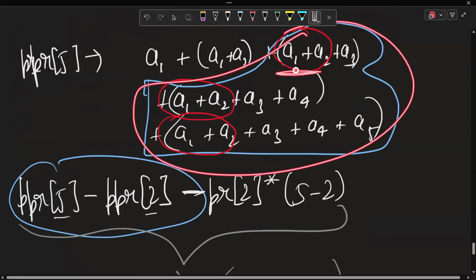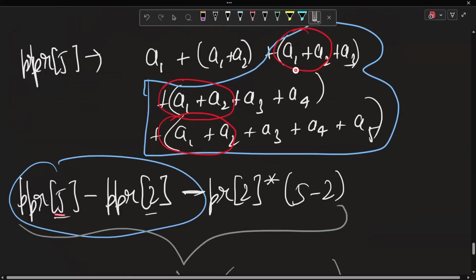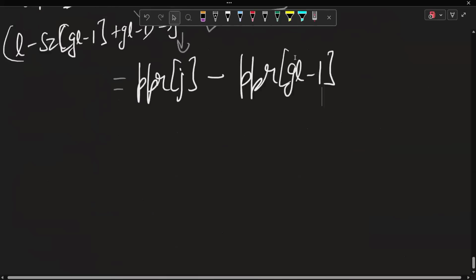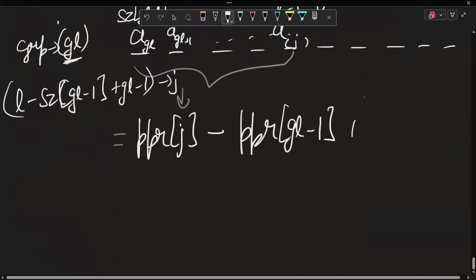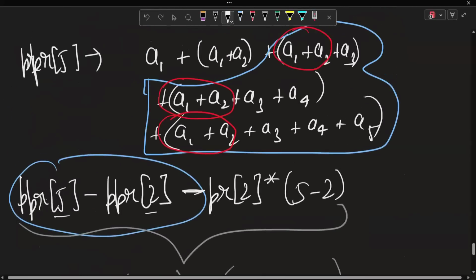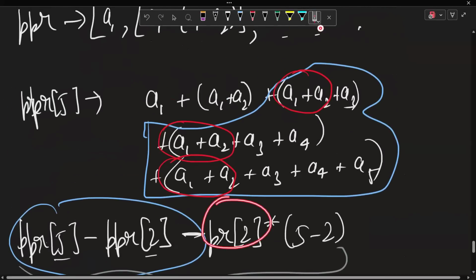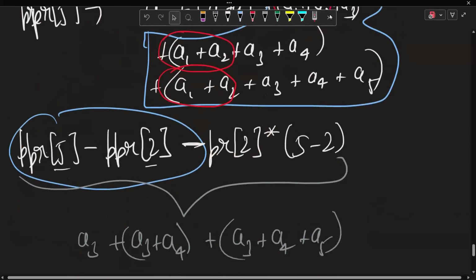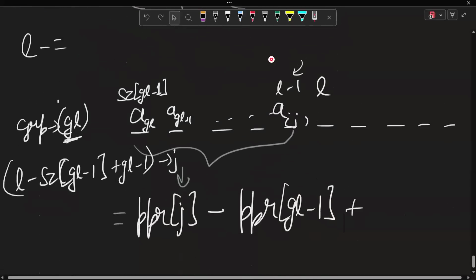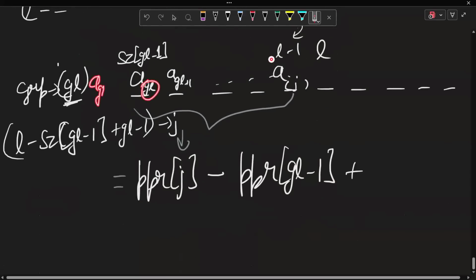From that, I would subtract 3 times this. What was 3? 3 was 5 minus 2. So what I'm subtracting is the prefix sum of 2. 2 was this GL minus 1. GL minus 1 was 2.